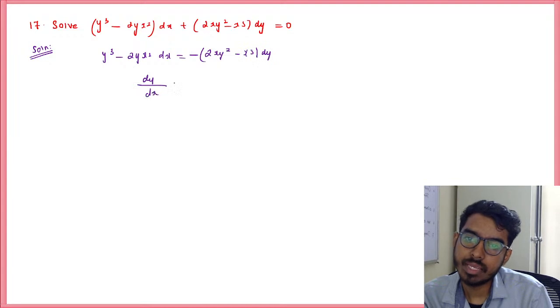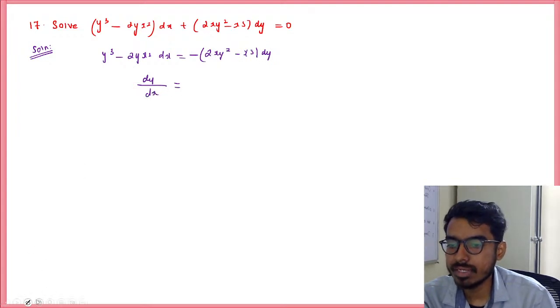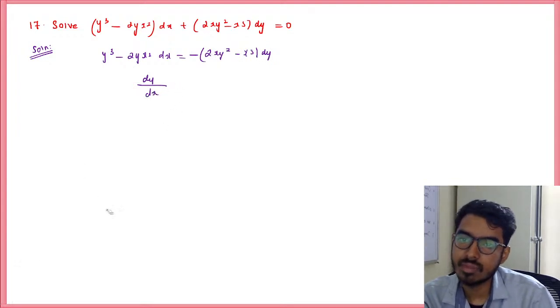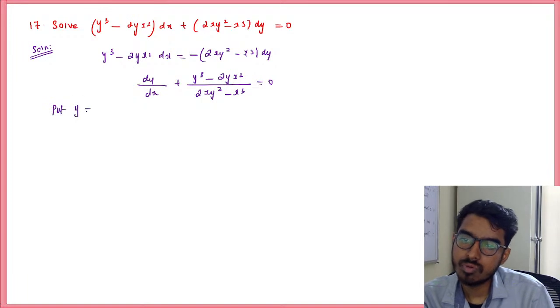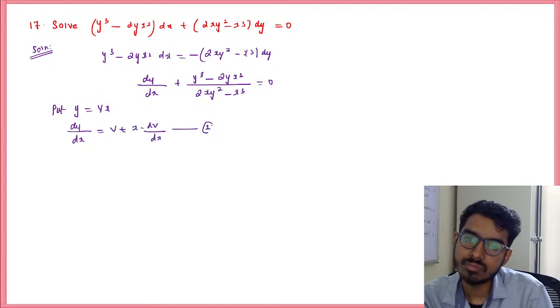So we have dy by dx, or I can write this as dy by dx plus y cube minus 2yx square divided by 2xy square minus x cube is equal to 0. So both are homogeneous functions of degree 3. Put y is equal to vx. Dy by dx is v plus x into dv by dx.